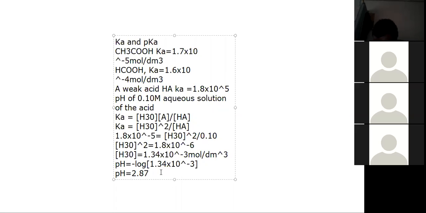Now, in other ways, we could have gone straight. Looking at this calculation, we can derive a simple formula for it. So now we can say that the concentration of H3O plus, let's always remember that there's a plus at the top, we could have just as well used this equation.